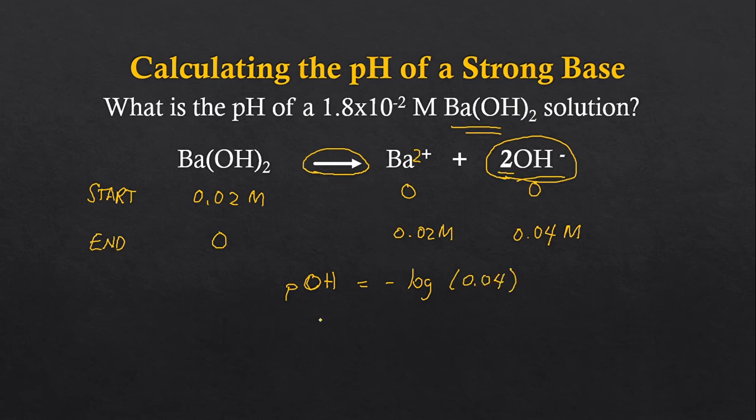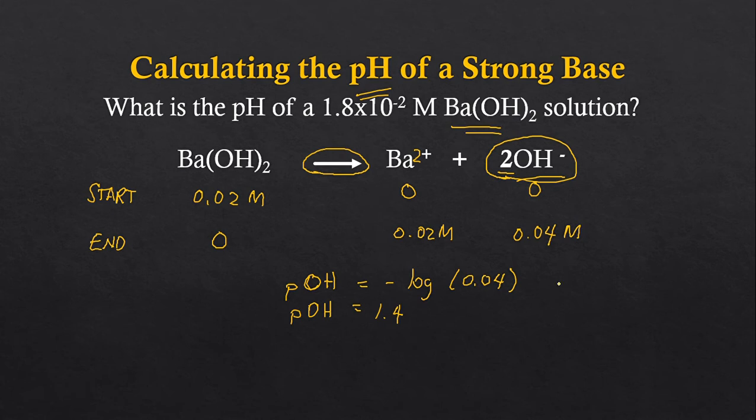Okay? So, pOH now is equal to, ano ang pOH natin dyan? Negative logarithm of 0.04 is 1.4. Okay? Pero, ang tinatanong sa atin ay pH. pOH yung na-compute natin.